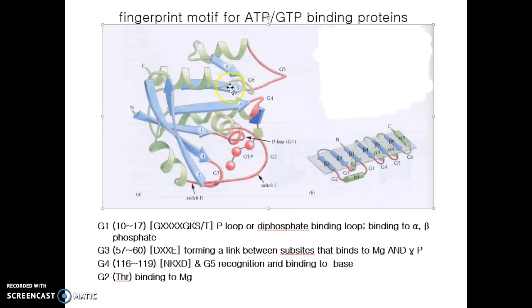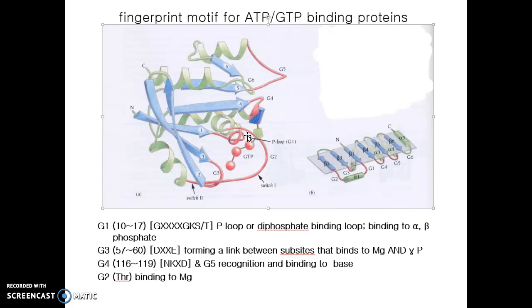Here you can see 6 beta strands and the alpha helices at both sides. You can see the topology diagram. The active regions are colored in red.